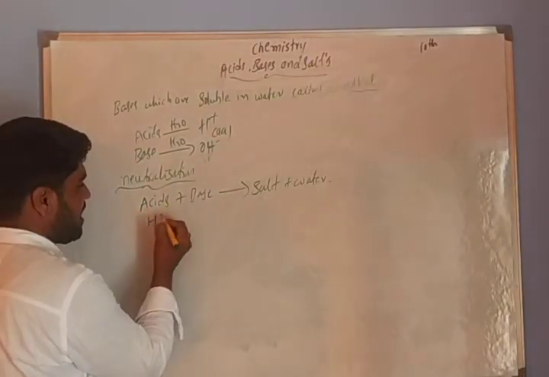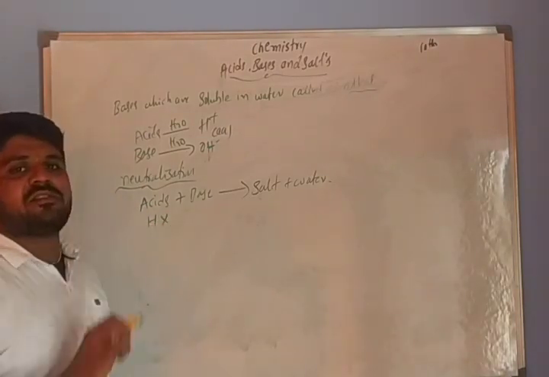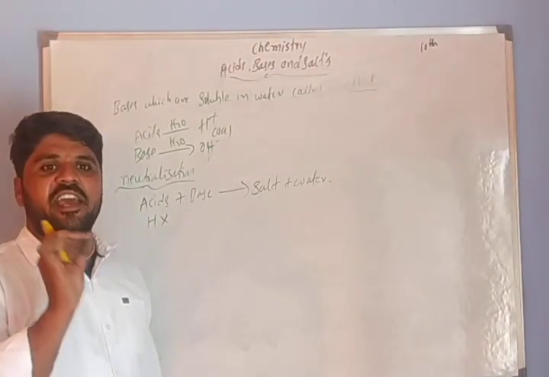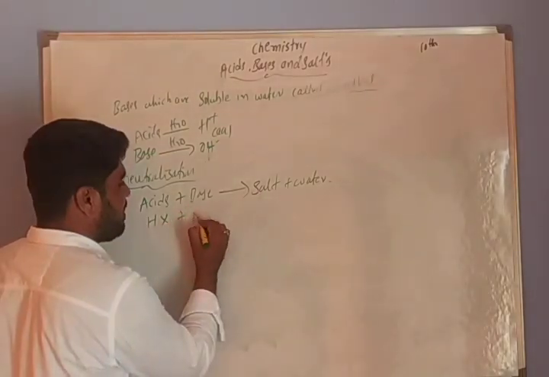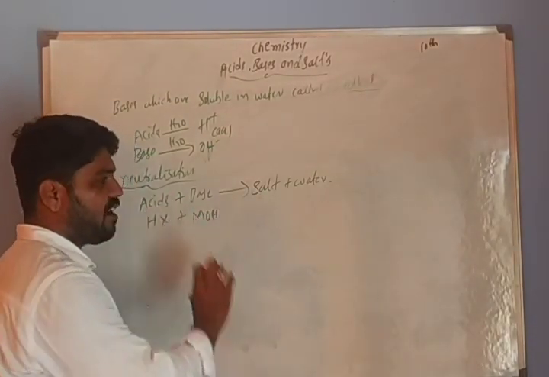In this, acids we represent as HX, and base we represent as MOH, metal hydroxides.